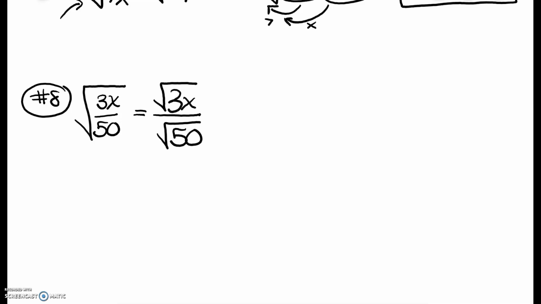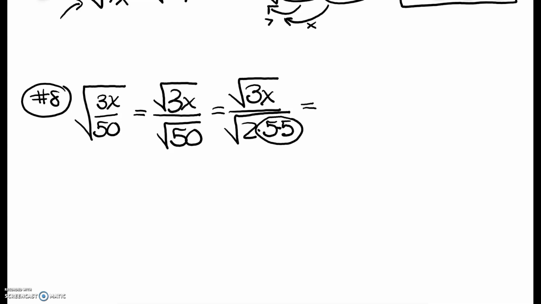I notice in the numerator that I can't simplify that, but in the denominator I notice that maybe I can, because 50 is 2 times 25 and 25 is 5 times 5. So I do have a group of 2 here, and I'm going to go ahead and pull that out.